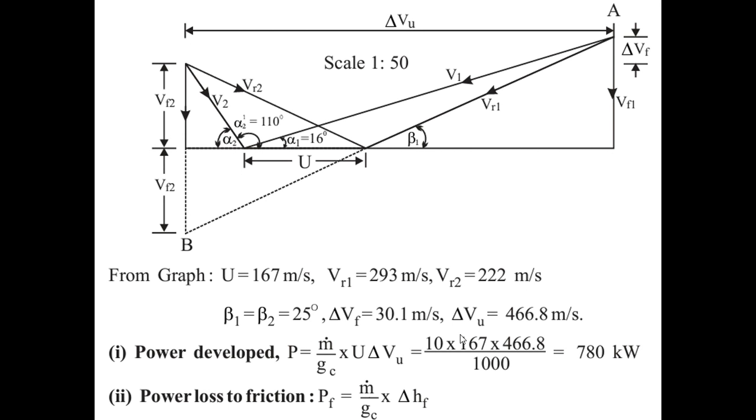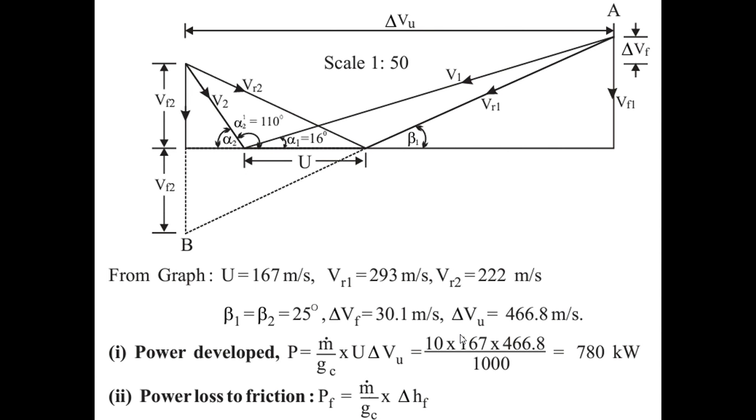Then join the tip of the top triangle to the bottom, or A to B. I think all of you can see point A and point B, how you got. Point B I have got by extending this VF2 of the same length on the bottom side. Point A I have got by drawing from a fixed point, alpha 1 16 degrees, V1 450 meter per second, with a scale of 50.